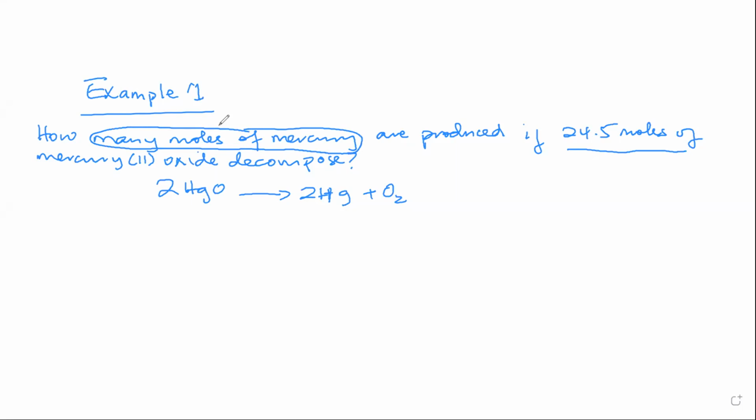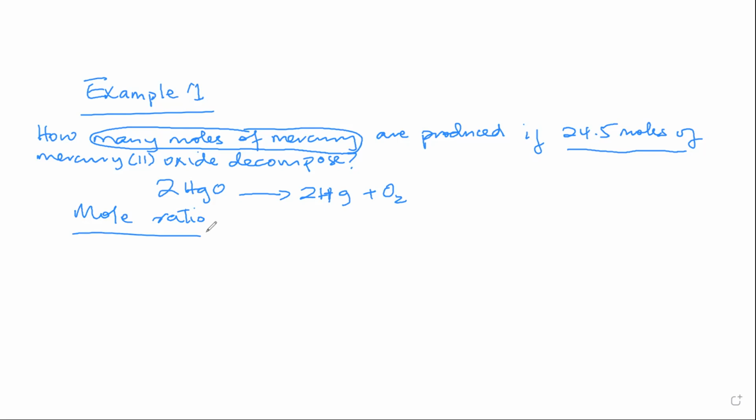Think about the sandwich. We went from slice of bread to slice of cheese, or from slice of cheese to sandwich. In each of them, we use ratio. So here we use mole ratio because you are going from moles of one substance to moles of a different substance. And this is what stoichiometry is, going from moles of one substance to moles of a different substance.